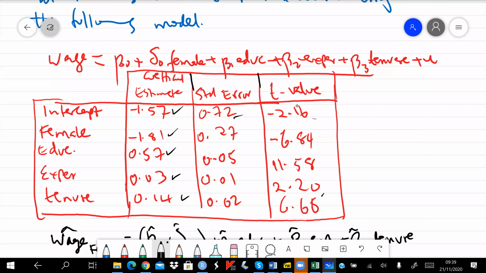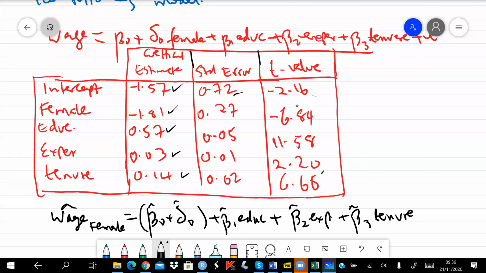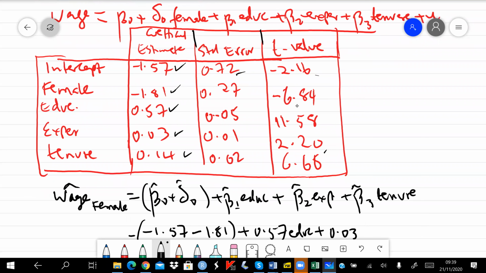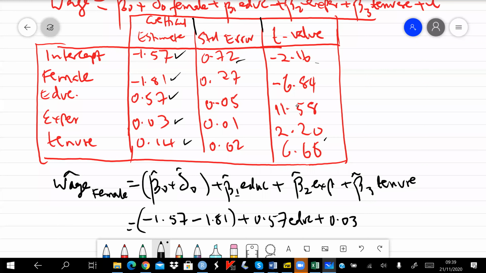Then the model for female will be given by this. The estimated wage for females will be given by the intercept plus delta naught and the other coefficients. Okay, so if you substitute, we'll get this minus 1.57 plus minus 1.81. So this is your beta naught estimate, and this is your delta naught.